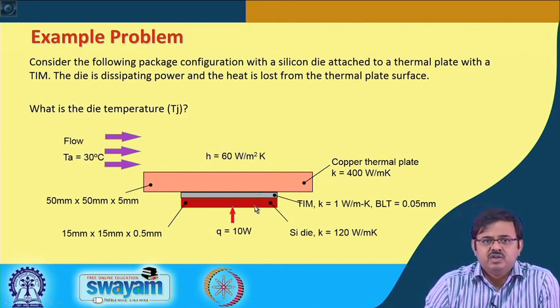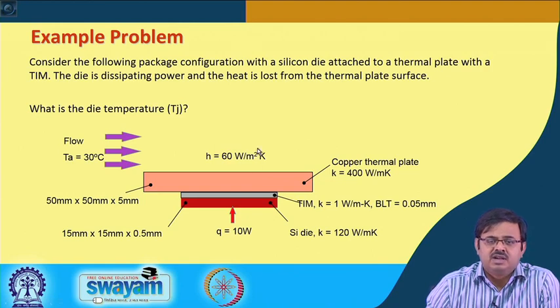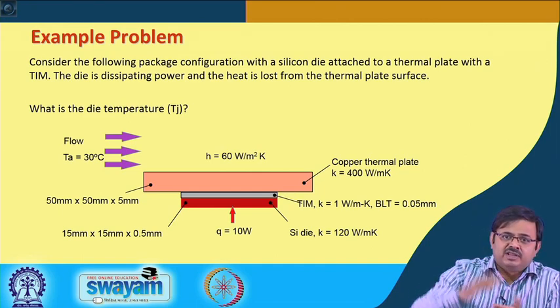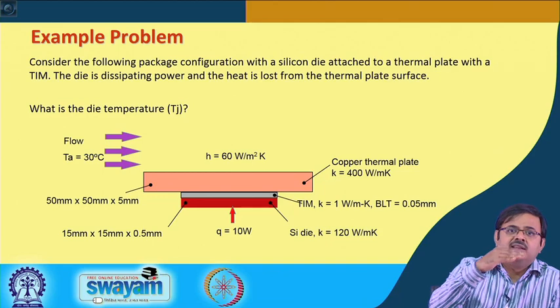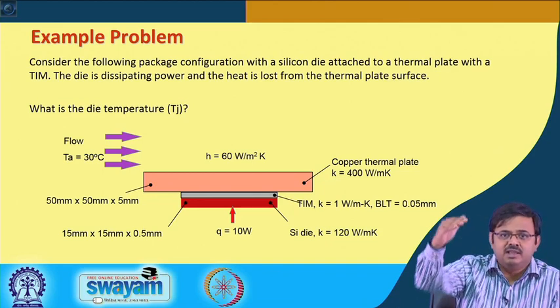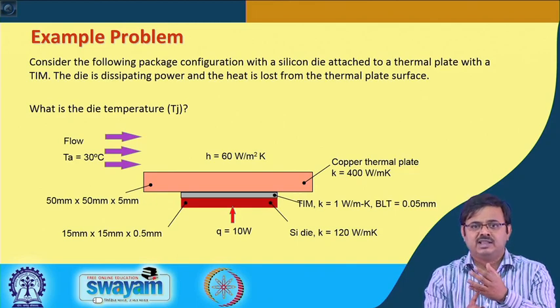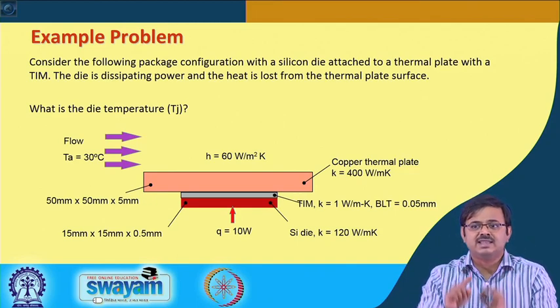The heat transfer through the silicon, through the thermal interface material and through the copper plate is going to be by conduction, and then it is convection. All these come one after the other, first silicon, then TIM, then copper, then convection. So, therefore, heat is flowing through each of these, and these are all resistances in series.